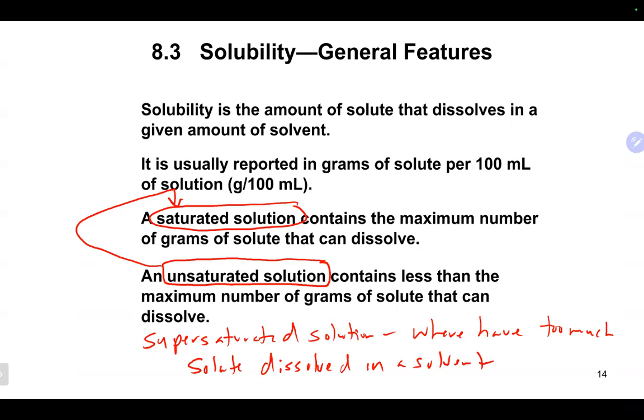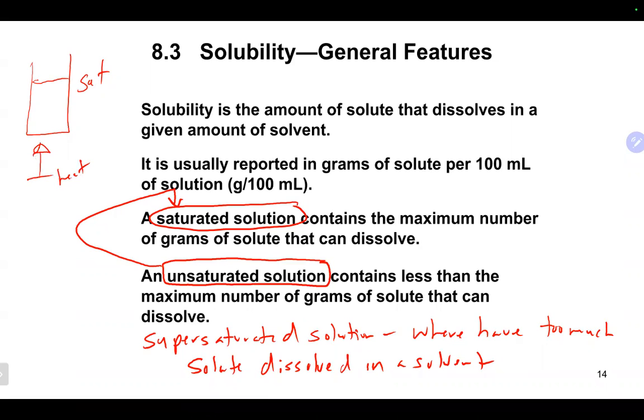And it creates, for the most part, a fairly unstable solution. Typically the way that you make a supersaturated solution is you basically make a saturated solution, and as you're making that saturated solution, you heat it up.